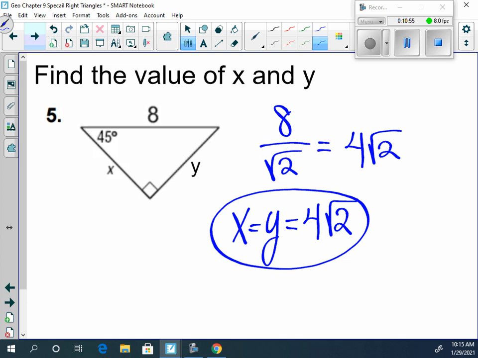And you could write it like this here because they are the same value, x equals y equals 4 square root of 2. But hopefully you're noticing if we have one of the two congruent sides, the other one's going to be the same. The hypotenuse is whatever that value is times square root of 2. If we're given the hypotenuse, we divide it by the square root of 2 to get the side lengths. Questions on this here?